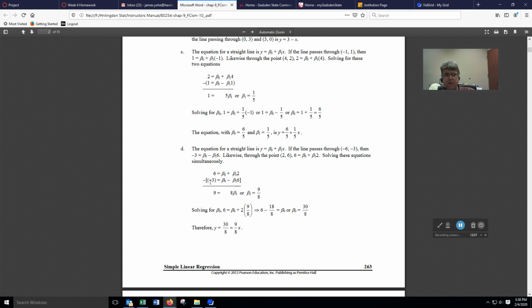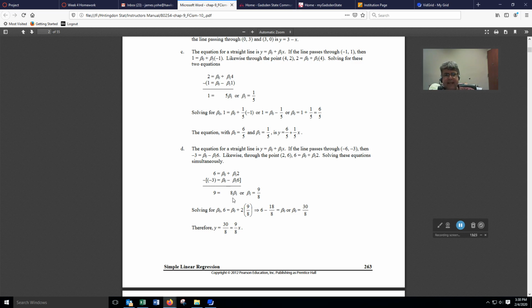When we distribute this negative sign through, that becomes a +3. 6 plus 3 is 9. This is a positive beta, that's a negative beta. We add across, you get 0. And then I've got beta 1 times 2 minus beta 1 times 6. But I've got to take that negative, so this becomes a positive, and we add them.